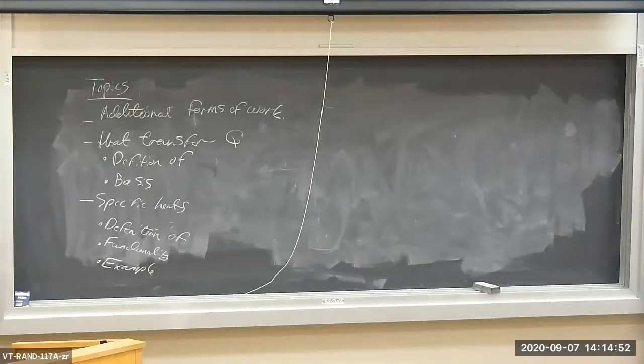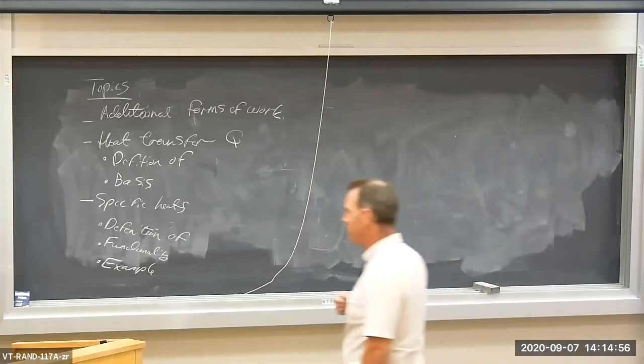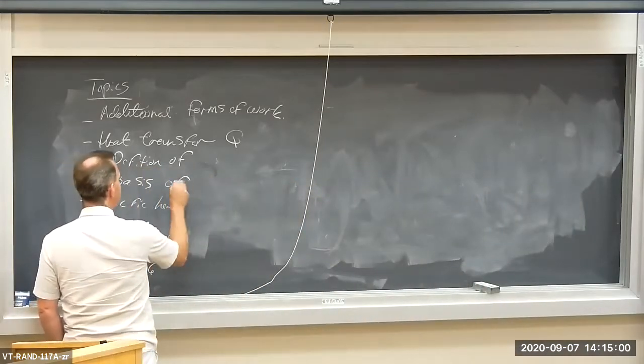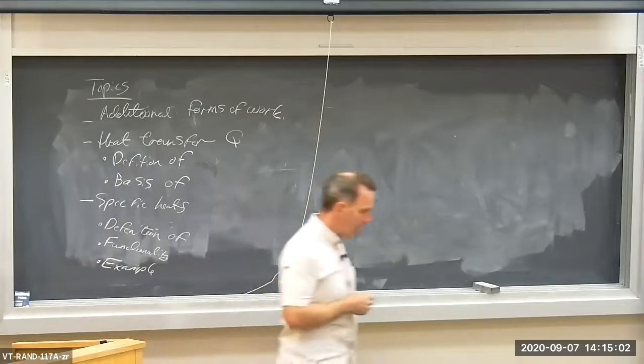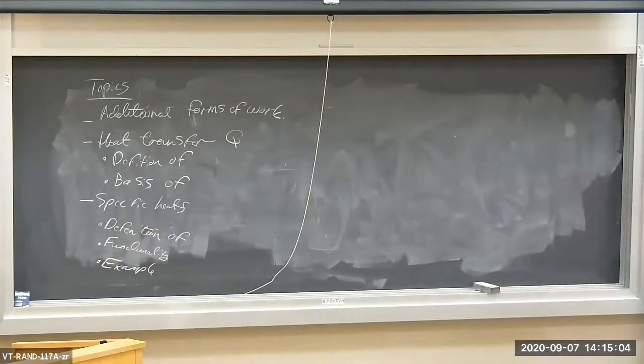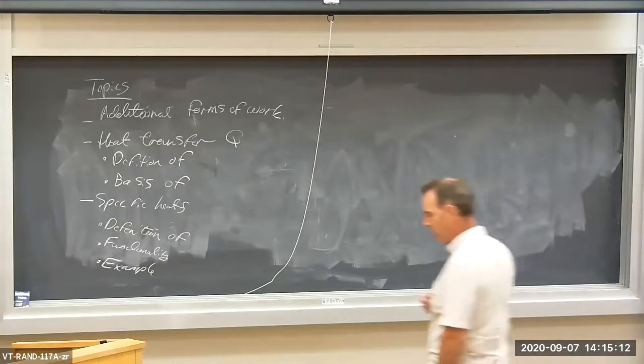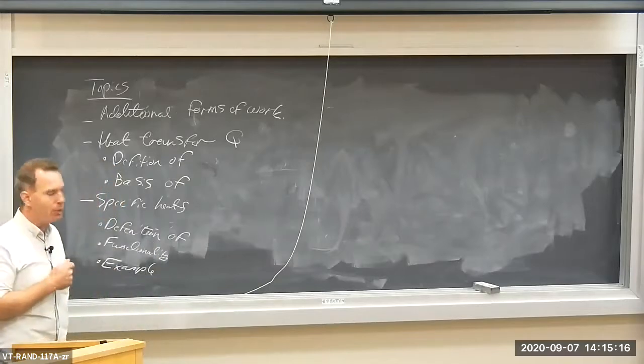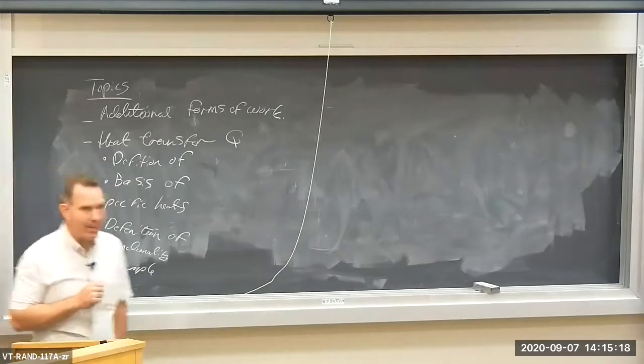So topics today, we're going to look at heat transfer, how heat transfer is defined, what are the bases of heat transfer, the forms of heat transfer, how are they expressed? And then we're going to introduce quantities called specific heats. Specific heats tell us how a system's temperature changes as we add heat.